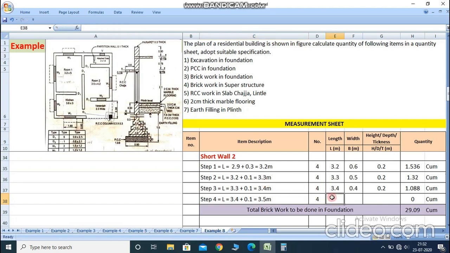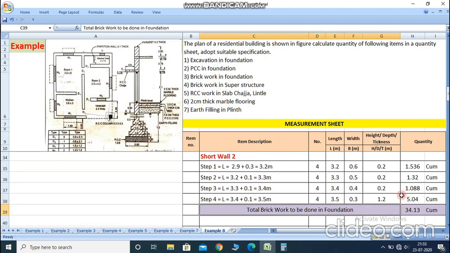So right here 3.5, the width is 0.3 and the height is 1.2 from the third step up to plinth level. So right here 1.2. So the total quantity is 5.04.